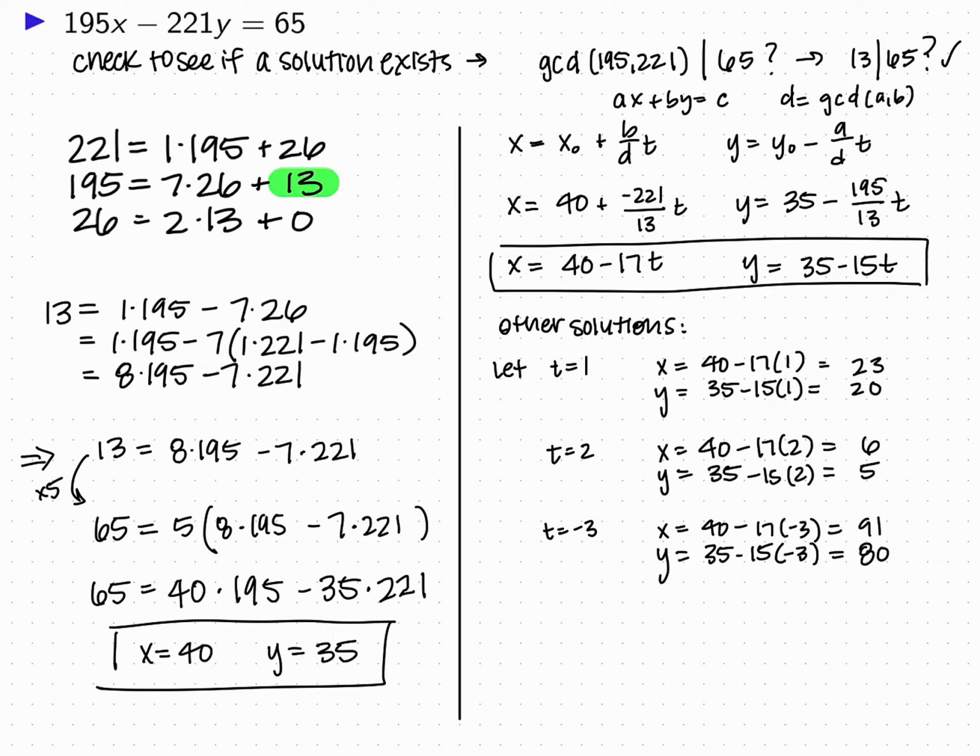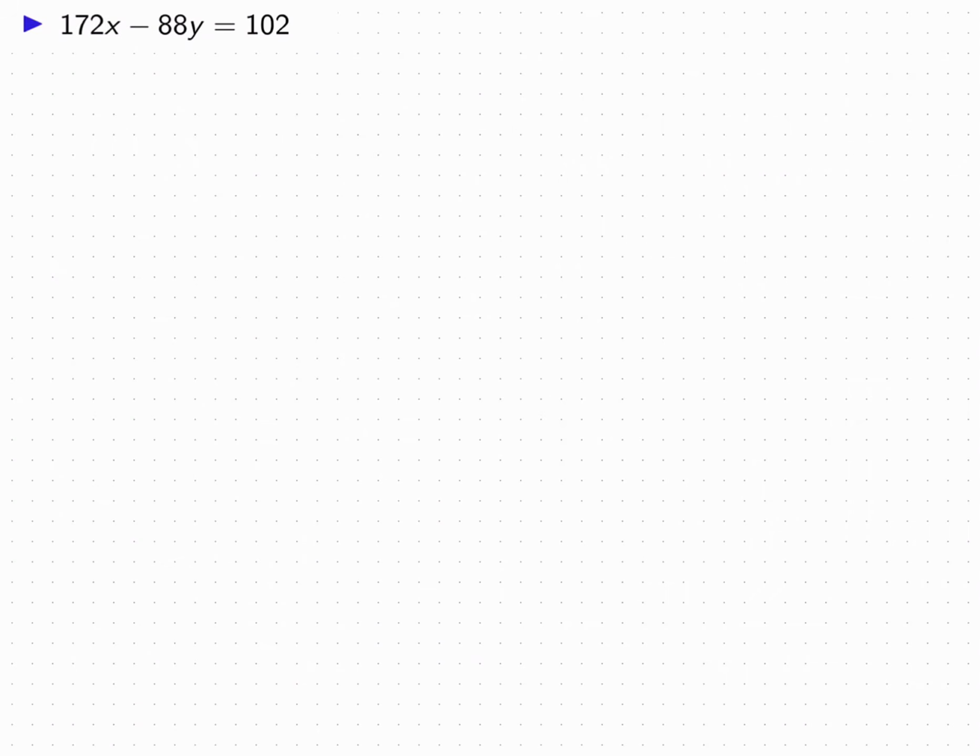Okay. All right. So let's do another one. We have 172x minus 88y equals 102. So again, I'm going to start by finding the GCD here because I want to check, does the GCD of 172 and 88 divide 102?